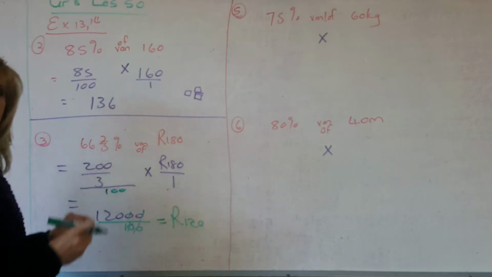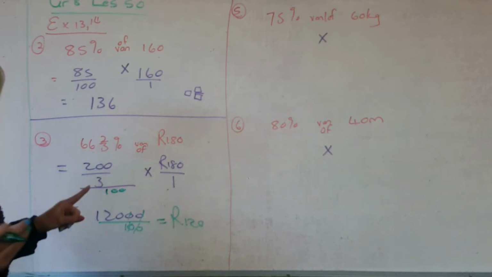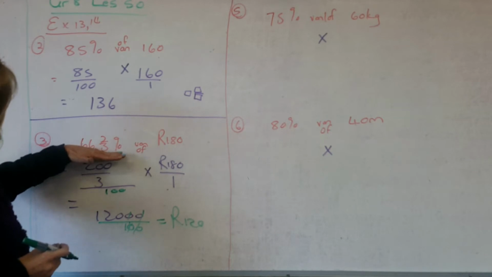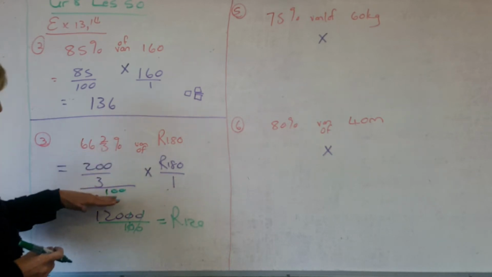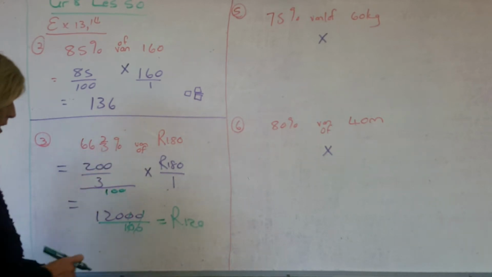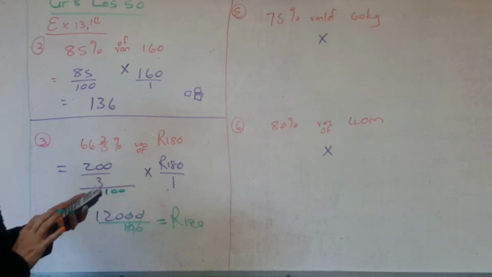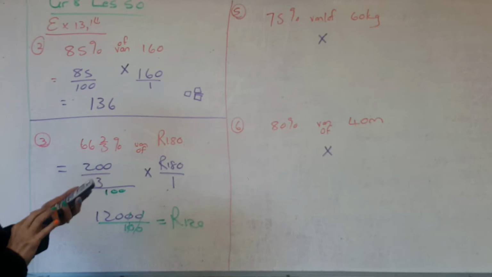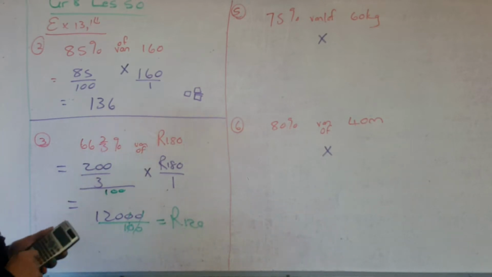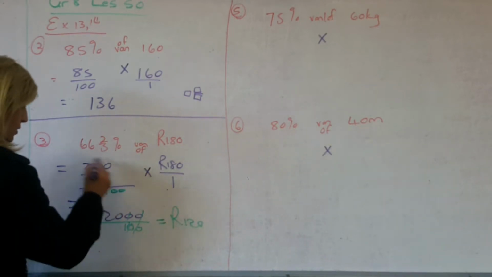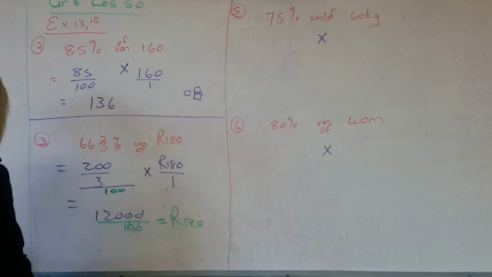You did something incorrectly. And the mistake was that percentage must always be over 100. And if you did that, that should have actually been 200 divided by 3, which is over 100, which gives me 2/3. So this whole thing should have actually been 2/3.